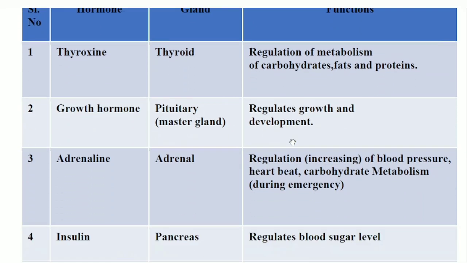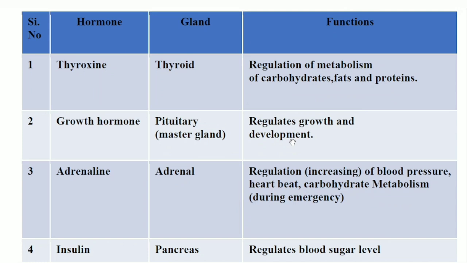So first one is thyroxine. It is secreted from the thyroid gland. The function of thyroxine is regulation of metabolism of carbohydrates, fats and protein. Totally it will balance our body. That is the first one.